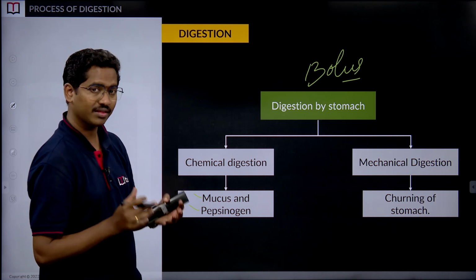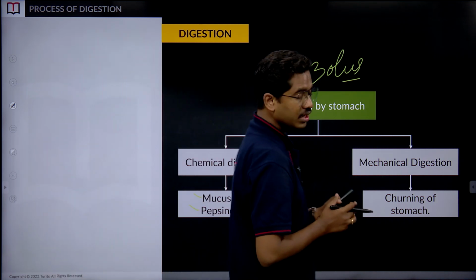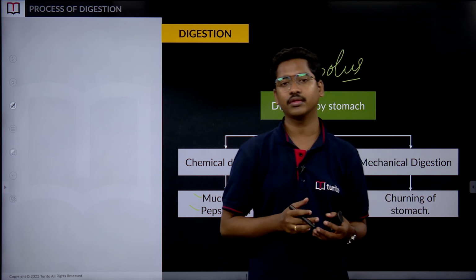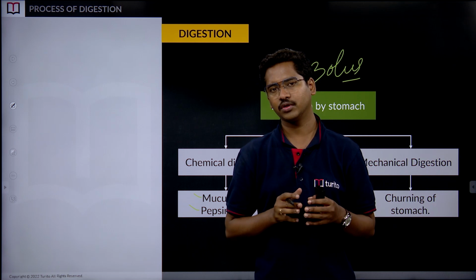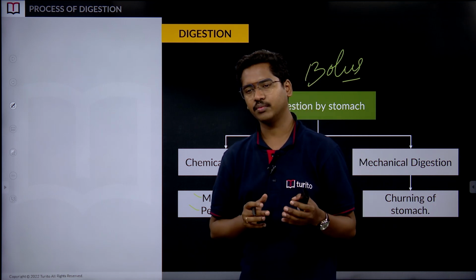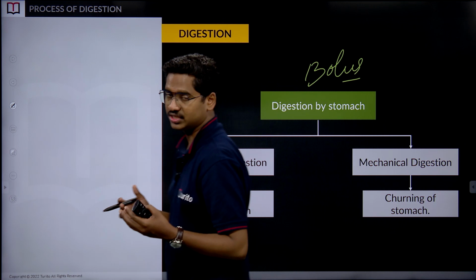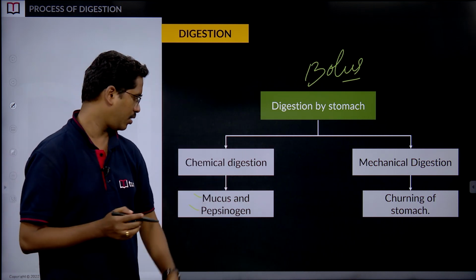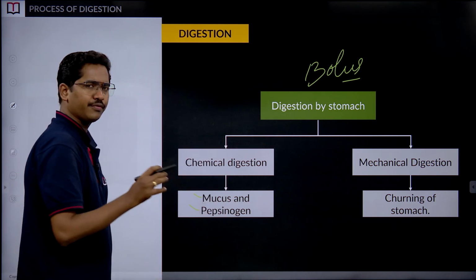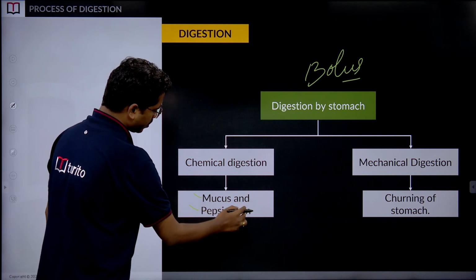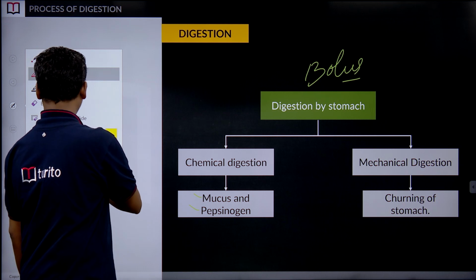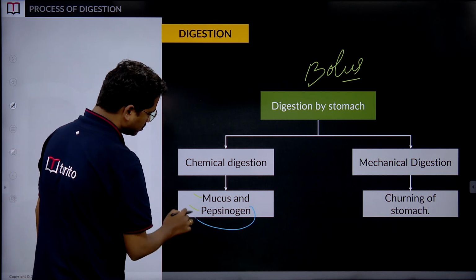The muscles of the stomach are also moving continuously throughout the process, and that helps the food get digested. Now, we have seen different layers of the stomach, right. Here the stomach releases one of the most important enzymes, that is pepsinogen.